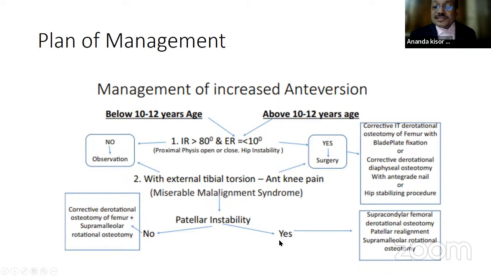But if the patellar instability is present, then we have to do the supracondylar femoral derotational osteotomy to keep the patellar tracking normal, and patellar realignment or the supramalleolar rotational osteotomy may be combined along with this. So this is the plan of management of increased anteversion.